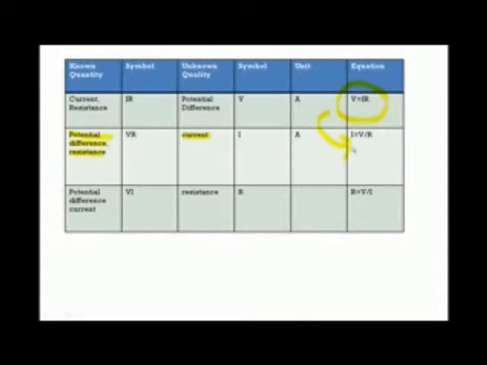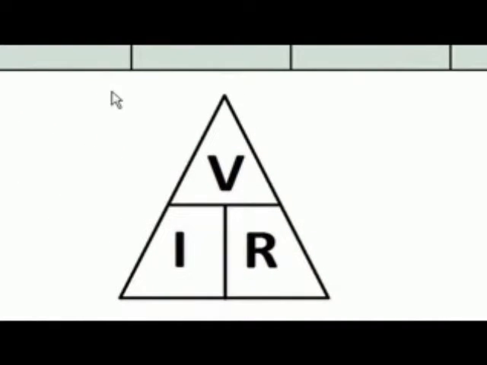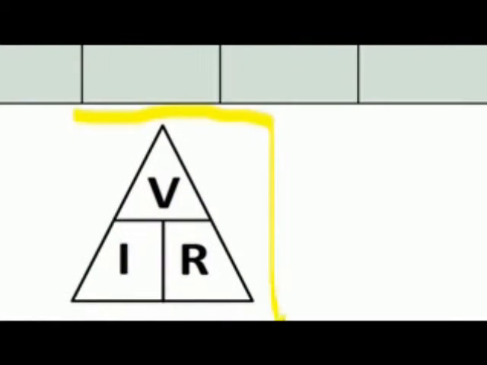Instead of memorizing all these formulas, there's a simple trick you can use, called Ohm's triangle. As you saw, this triangle has the different values: potential difference, current, and resistance.